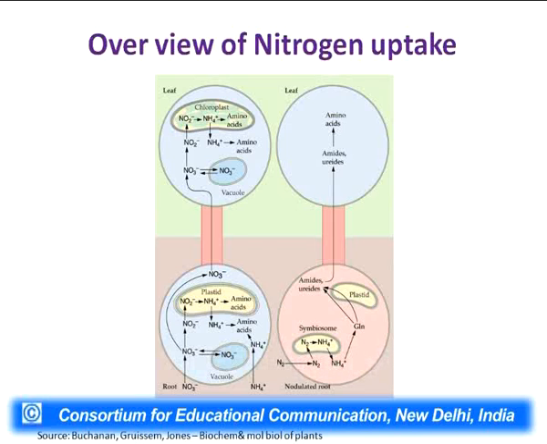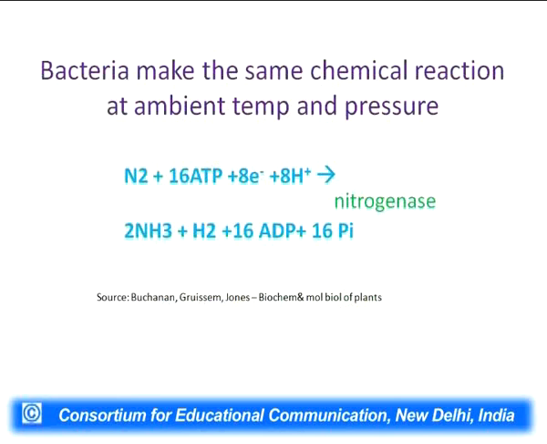In the previous class I told you the energy reaction for nitrogen fixation: when one molecule of nitrogen converts to 2 molecules of ammonia, it uses 16 molecules of ATP and 8 reduction potential. That means a huge amount of energy is required for nitrogen fixation.